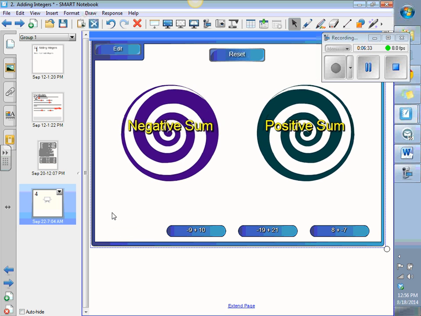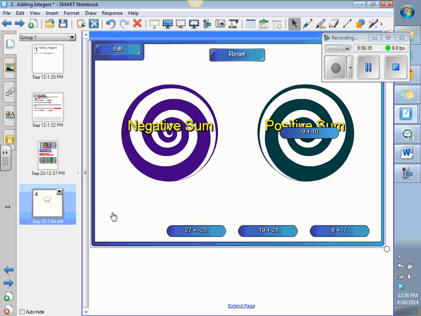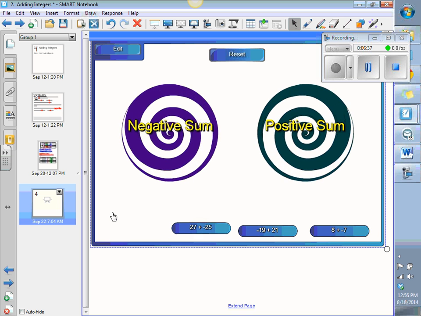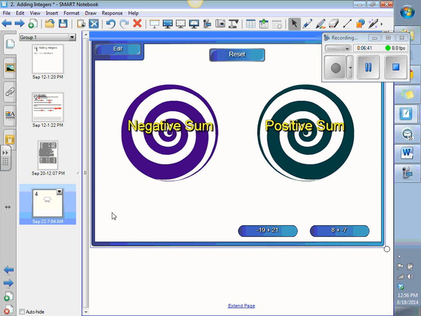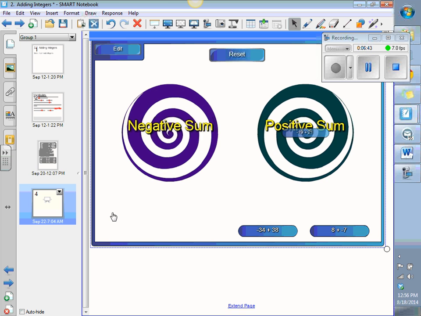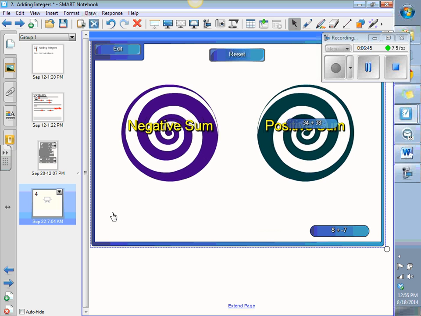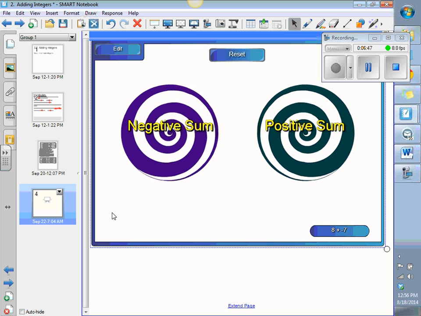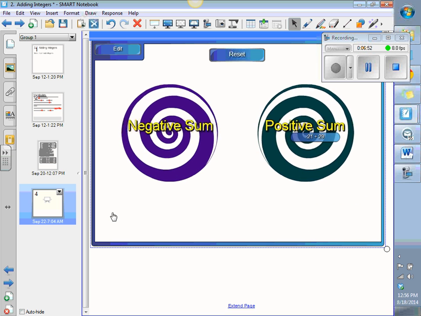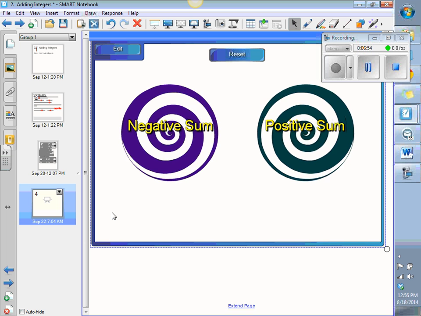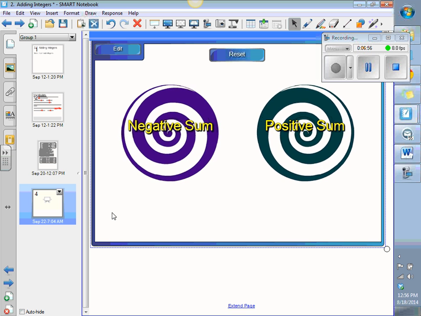Bigger absolute value. 10: bigger absolute value. 27: bigger absolute value. 21: bigger absolute value. 38: bigger. 8: bigger absolute value than negative 7. 29: large absolute value. That concludes your lesson on adding integers.